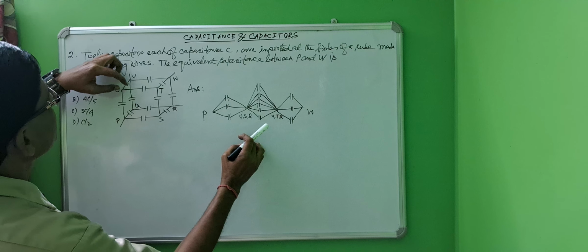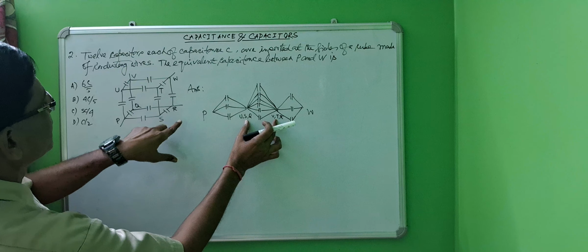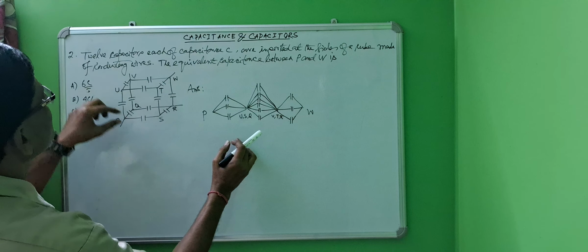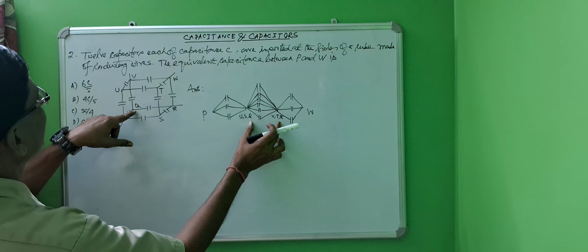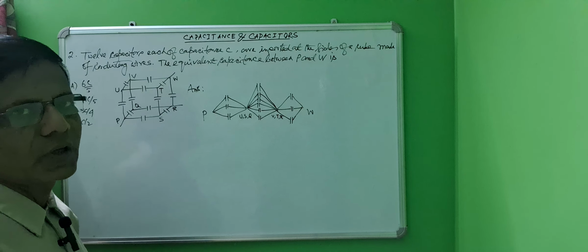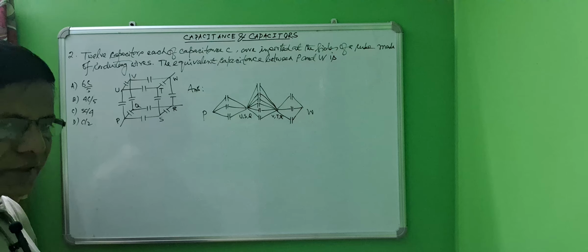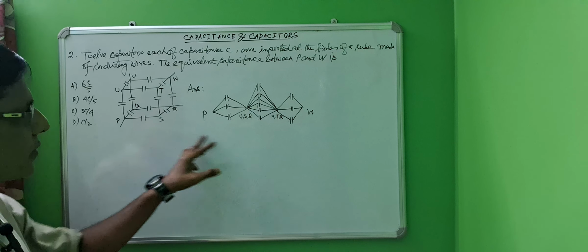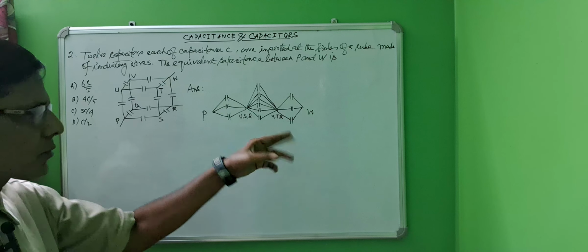Also SR, SR and ST. Also QR and QS. So these 6 capacitors are arranged in the equivalent circuit such as this, and this is the solution of the problem given. Now it is sorted out.